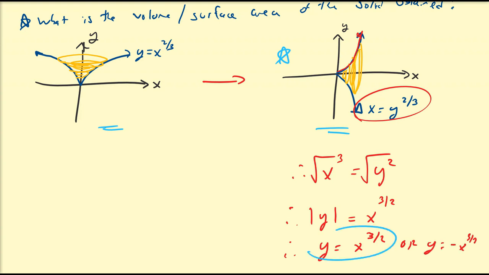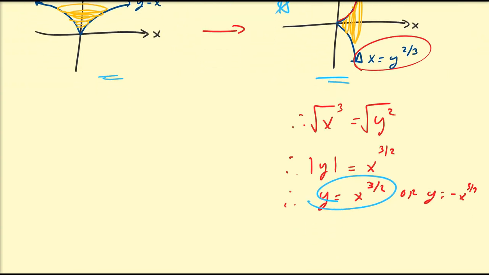We will be focusing on the top piece, x to the 3/2, which is this curve. So this is y is equal to x to the 3/2, and its mirror image is down there. We're going to be revolving this curve around the x-axis.